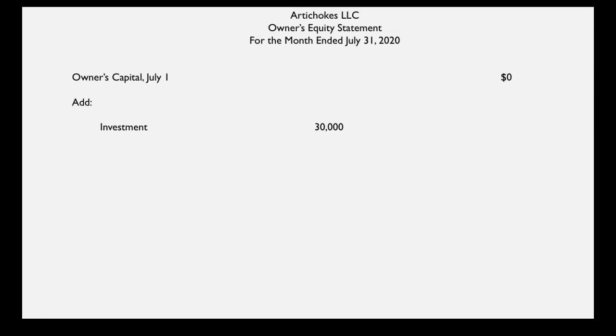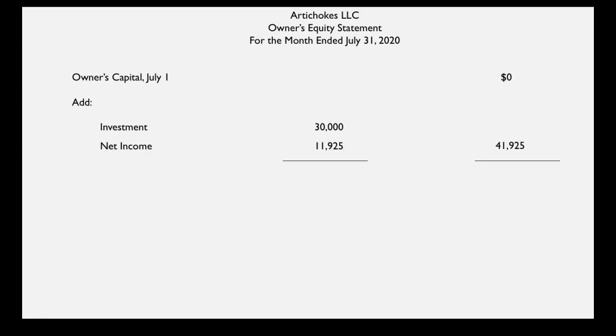Another piece that is added is your net income. So we needed to know our net income to prepare this owner's equity statement. So we add up those two amounts and we get $41,925. We then add that $41,925 to our beginning owner's capital.